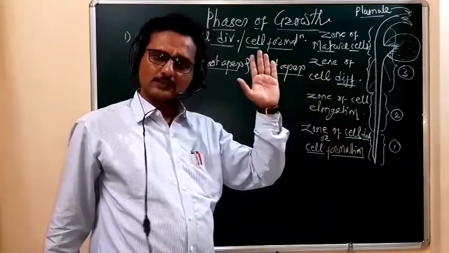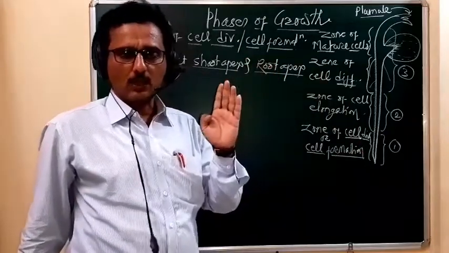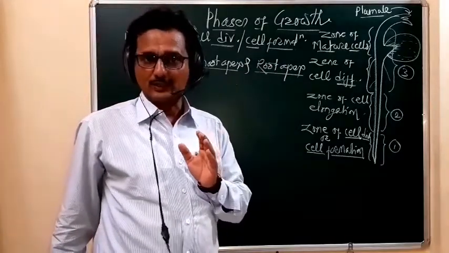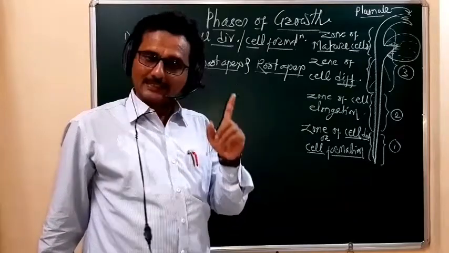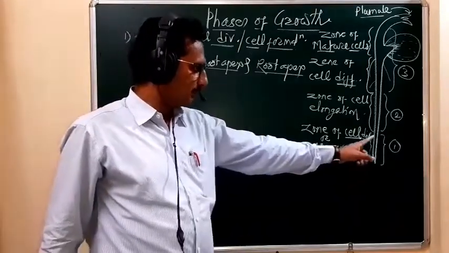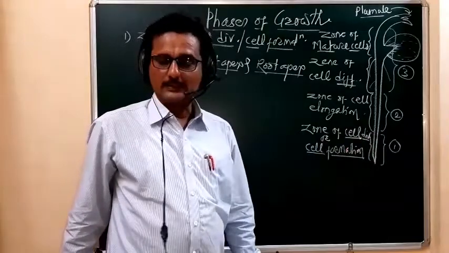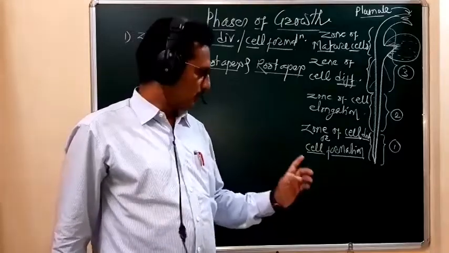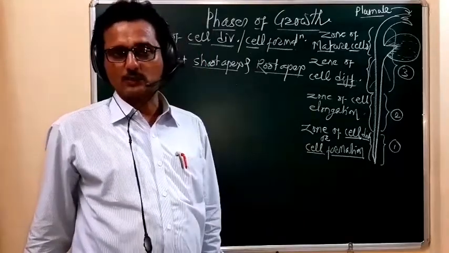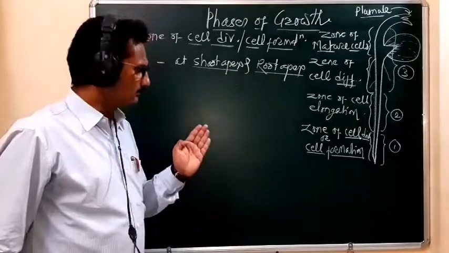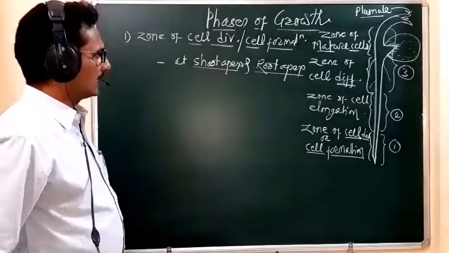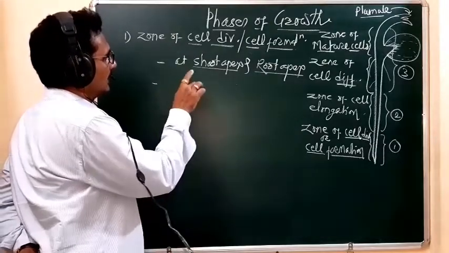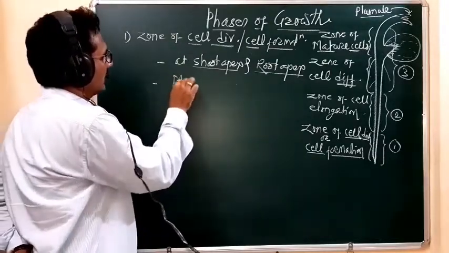In the case of the shoot, in the previous lecture we saw how the apical meristem is situated there. Here, at the root apex, the zone of cell division or cell formation is situated. Remember, it is seen at the shoot apex and at the root apex. At this site, the cells are meristematic.